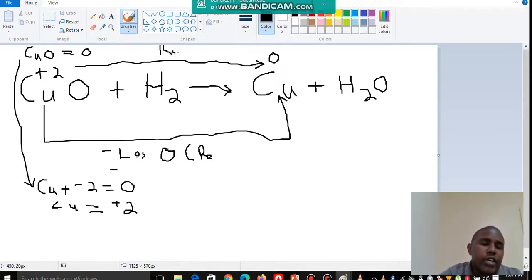Now in terms of hydrogen and oxygen, we say oxygen has been removed from copper oxide to form copper, and hydrogen has been added to form water. So the process of adding hydrogen to a substance is termed as what? As reduction. And the process of adding oxygen to a substance is termed as oxidation.